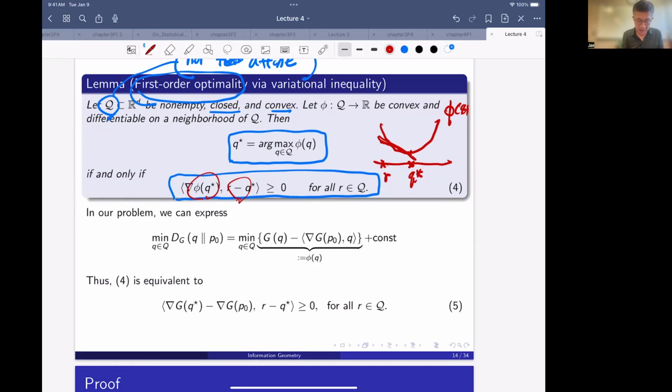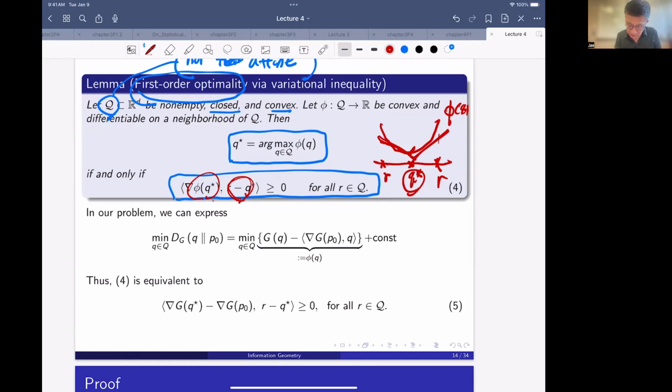So negative times negative will be positive. Same way if r is on the other side. For any direction, this is more like a 3D problem, but you can imagine that because it's strictly convex in any space. As long as Q star is optimal, this inner product will be positive, not negative. So that is the first order condition.